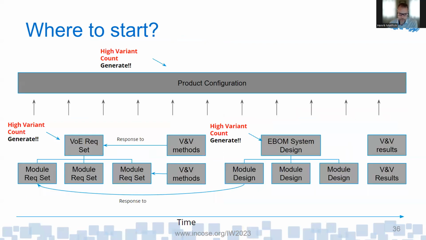One way of approaching this that we have looked into, but we're not so far down this road yet, is to look at where we have artifacts with a lot of variants. For example, the system requirement set, the physical architecture, the BOM, and the product configuration itself, of course.